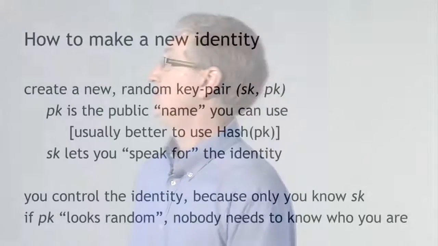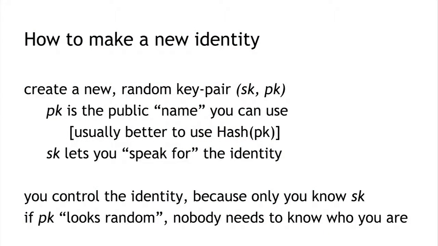All right. So if we're going to treat public keys as identities, one of the consequences is that you can make a new identity whenever you want. If you want to make a new identity, you just create a new random key pair, SK and PK, by doing the generate keys operation in our digital signature scheme. And we get out SK and PK. PK is then the public name that you can use.